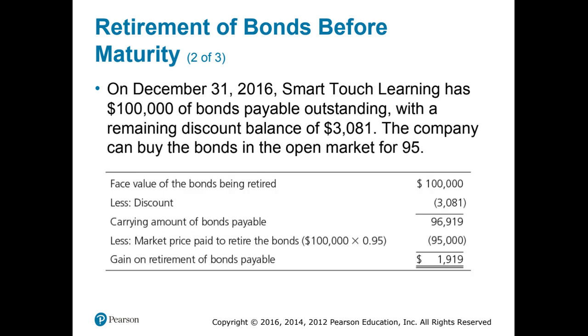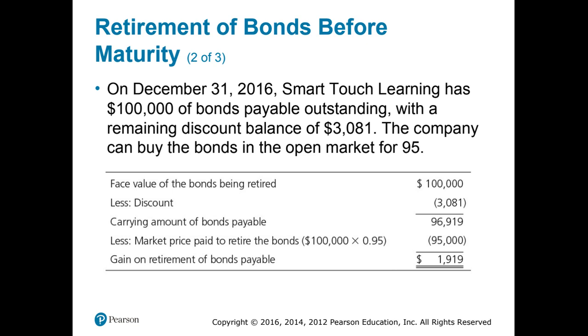So on December 31st, 2016, Smart Touch Learning has 100,000 of bonds payable outstanding, with a remaining discount balance of $3,081. The company can buy the bonds in the open market for $95.